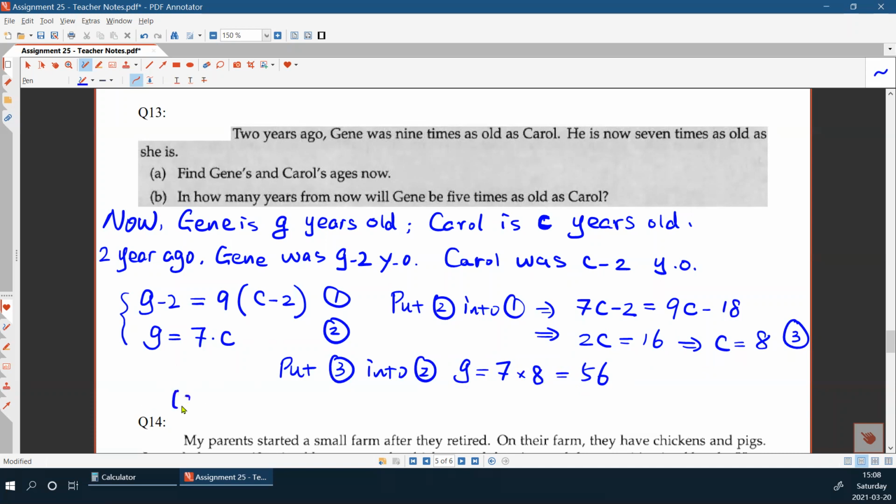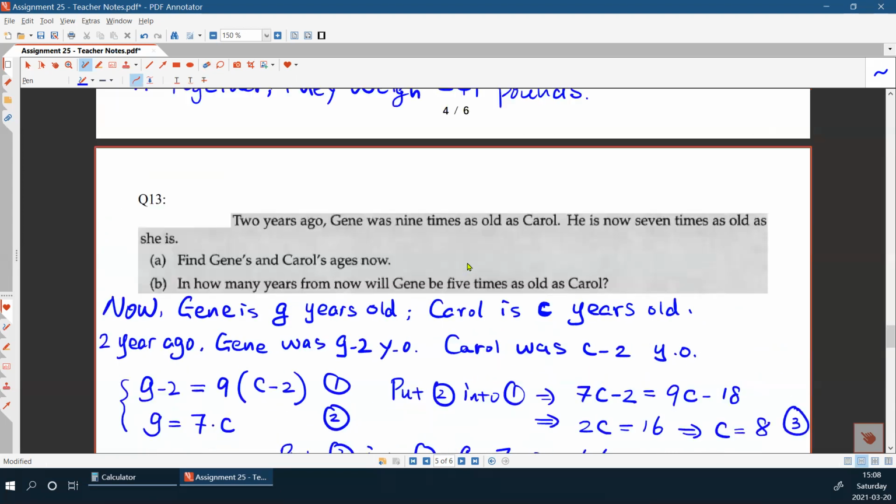So let's make a conclusion for A. Jean is 56 years old, and Carol is 8 years old. Okay, so we have finished the first task.